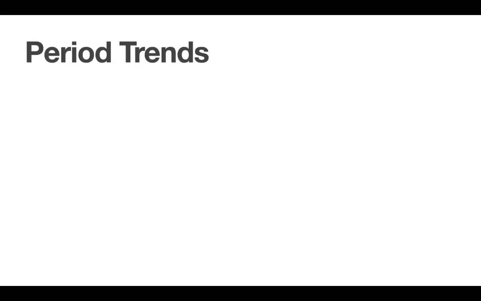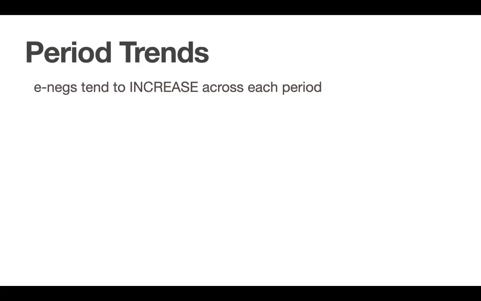So without even needing to go into period and group trends, I have one rule for you: the closer it is to fluorine, the higher its electronegativity is. If you're super close to fluorine, you're going to have a very high electronegativity. If you're far away, not so much, because fluorine is at the top right-hand corner of the periodic table.